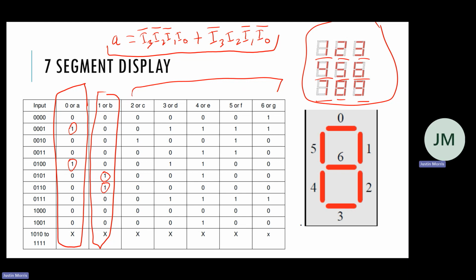And then remember to keep in mind that you can work in the sum of products like we were doing, or product of sums. One might be more efficient than the other. Like for 4 or E, there are quite a lot of ones, it might be more efficient to look at the zeros. Right? Yes.